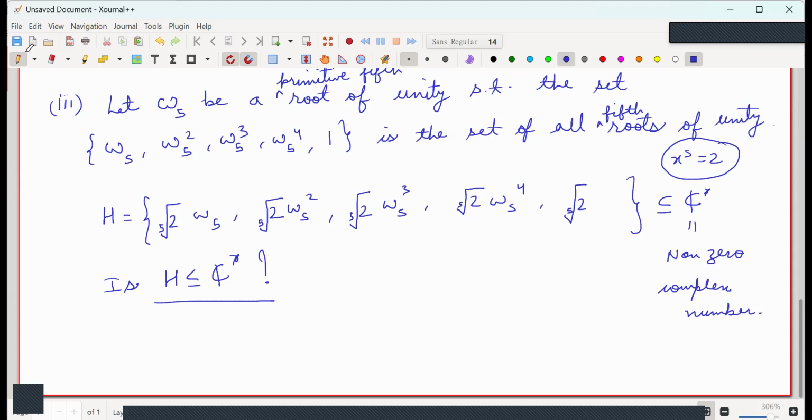So one reason is of course that 1 is not inside H. So you are right, clearly H is not a subgroup of C star.